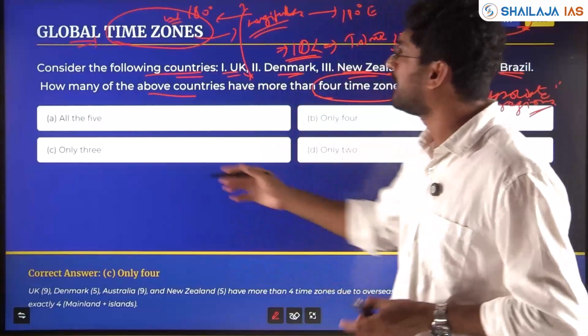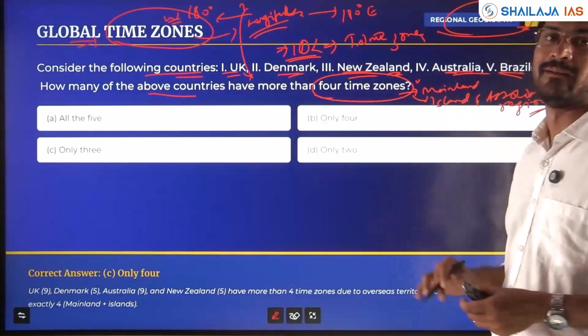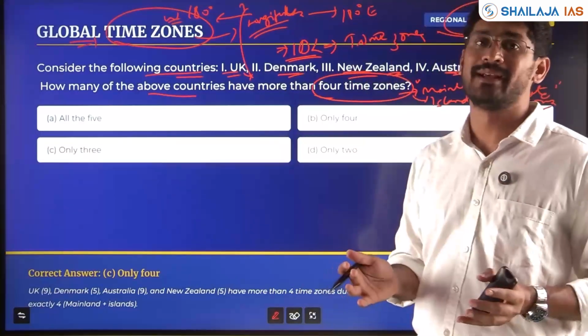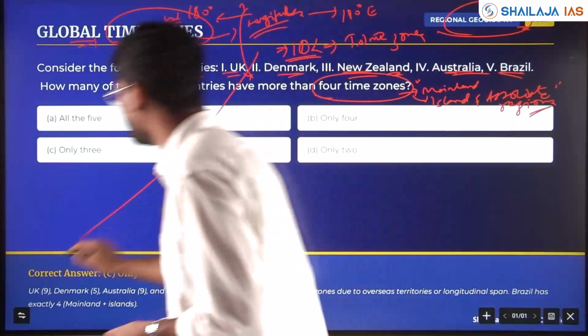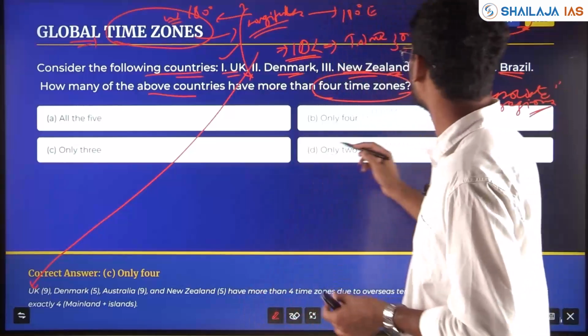So if you take that, UK, Denmark, New Zealand, Australia, Brazil. Britain is a very small island country. But if you see its overseas bases, associated regions, then UK has 9 time zones. So UK has more than 4 zones.